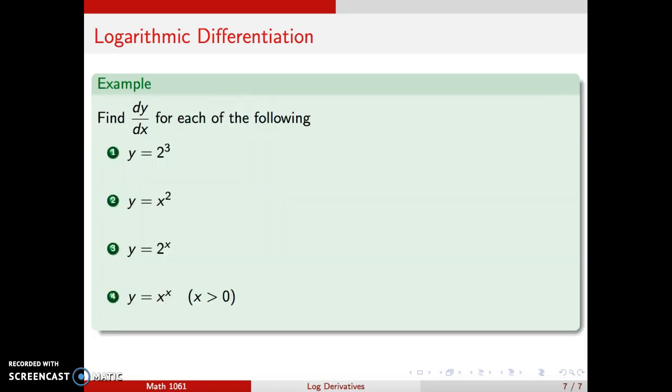As the last example here, real quick, suppose we want to compute the derivative for these 4 examples. This first one has a constant, that's just 8, but it's something raised to something, so that's the point. Trying to make some connections here. This one, a little bit tougher: we have something varying, so just use the power rule.